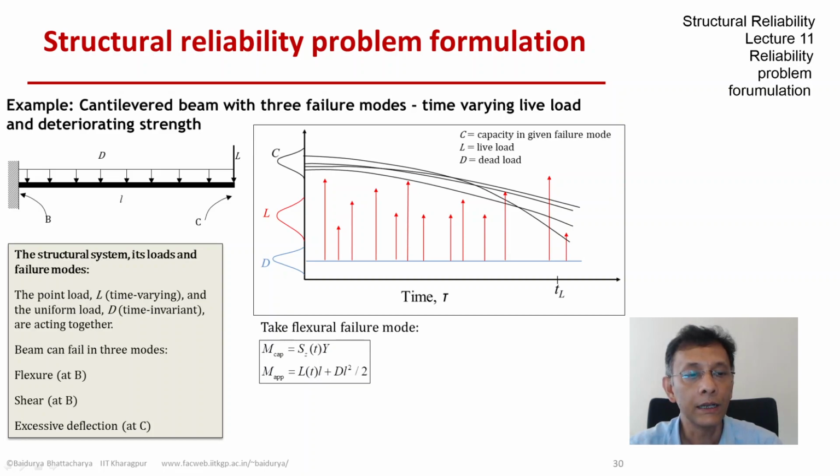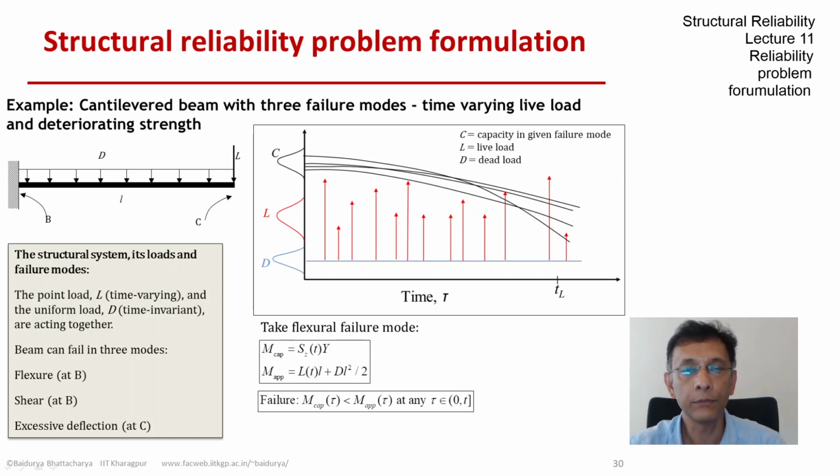So it's the S sub Z, the section modulus, which is now a time-dependent, maybe time-dependent random function, and the applied moment now depends on the time-dependent live load L. So now that checking of whether M applied is more than M capacity or not cannot be done just once, but it has to be done theoretically at all instances of time. So obviously it's an infinite dimensional problem, but we can shorten that.